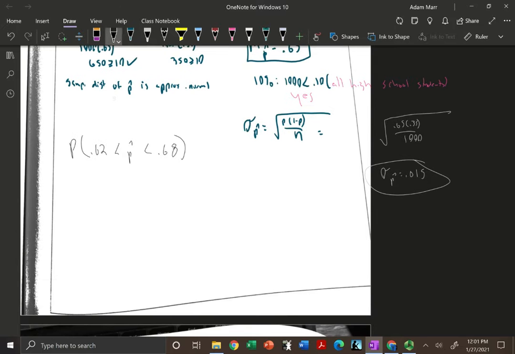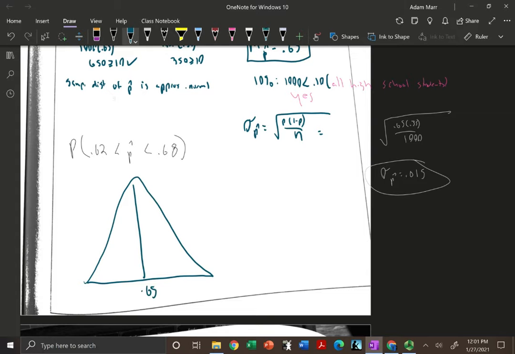So let's go ahead and draw. 0.65 is the mean. Standard deviation is 0.015. So that's going to be 0.665 right here. If you add 0.015 and subtract 0.015, it's going to be 0.635. All right, so we're trying to figure out from 0.62 to 0.68, within 3 percentage points, right?